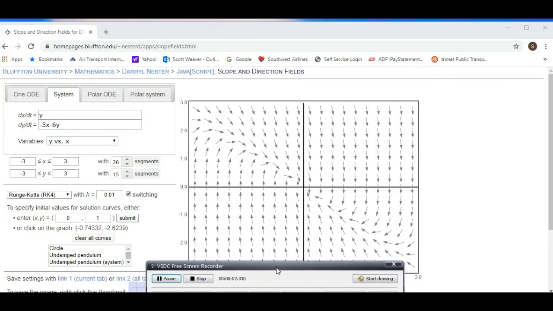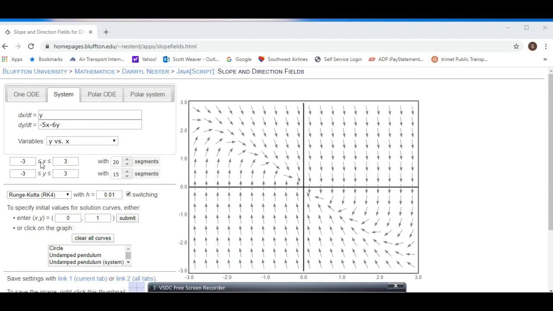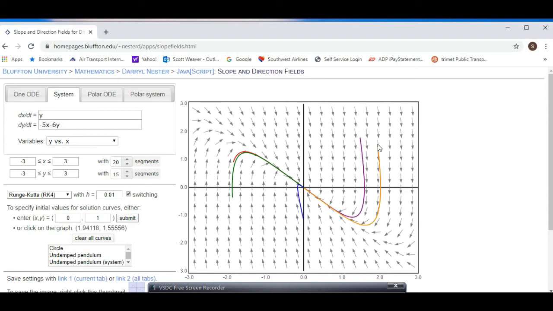Alright, so I have now taken the liberty of bringing up Bluffton, putting in this system of equations with these parameters, and now let's just see what it looks like. So you've got here the improper nodal sink, and it's got that kind of swirly variety.